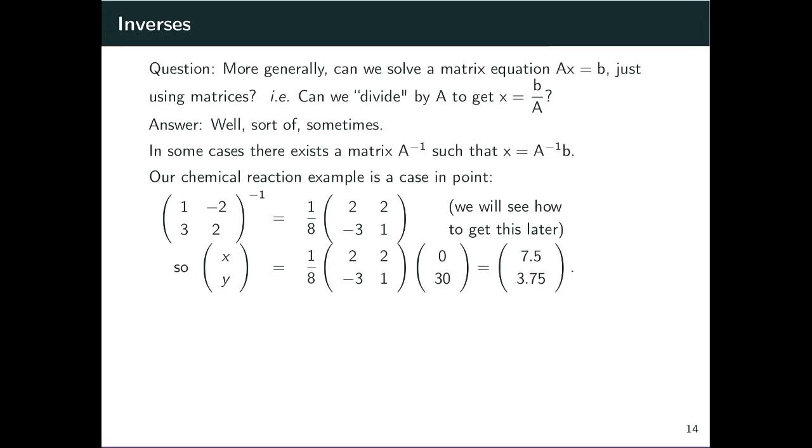But suppose that we're being given this fact. If we want to solve our equation that we had before, we can just take this matrix and multiply it by b, and we've solved what our x and y need to be in our vector.